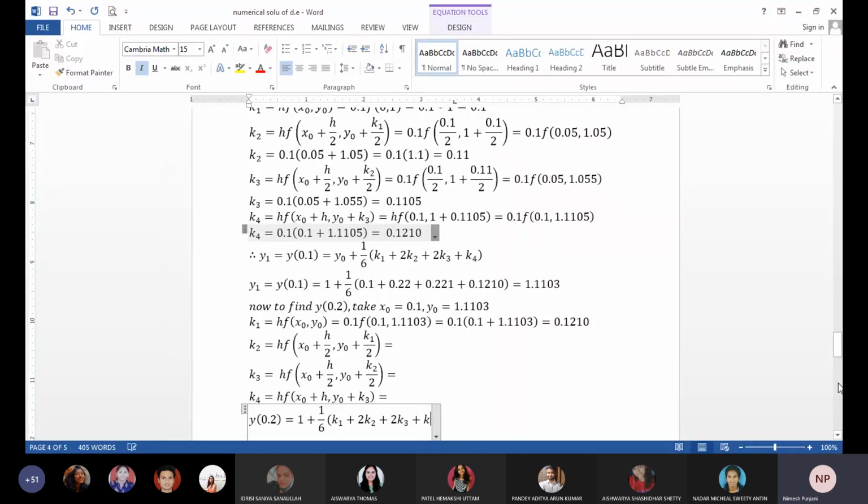So tell me the values of k2, k3, k4 and y of 0.2. Here you have to take your x0 as 0.1 and y0 as 1.1103.